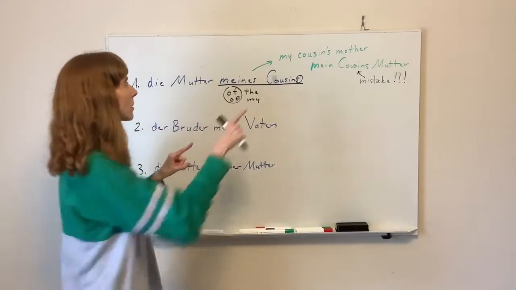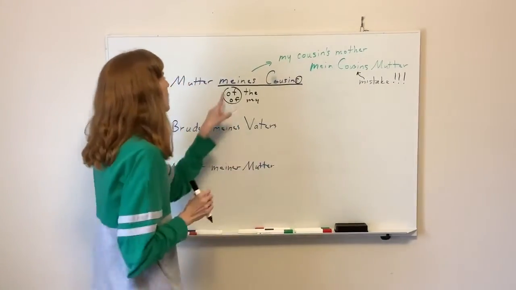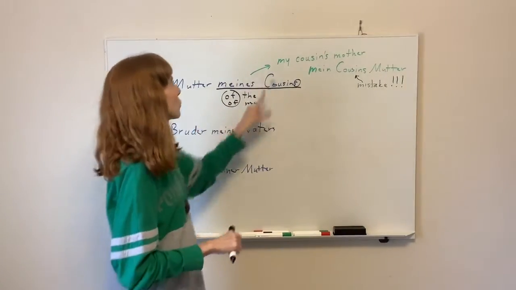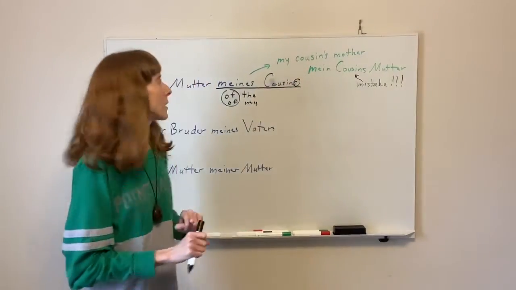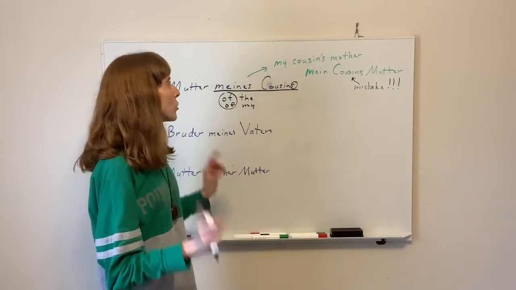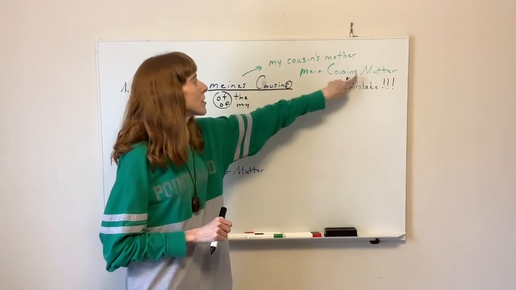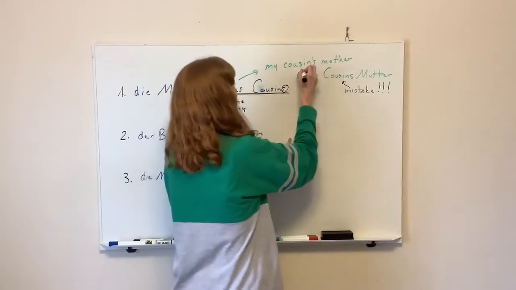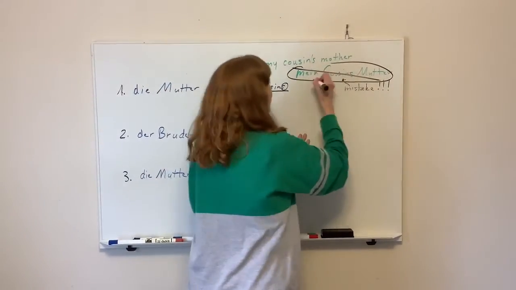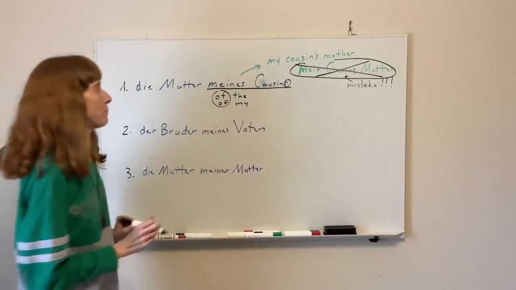Now, just to let you know a common mistake over here, in English this translates to my cousin's mother, which is wonderful in English, but in German, if you don't have a proper name here, we can't just slap an S on the end. So this is wrong. Don't do that.